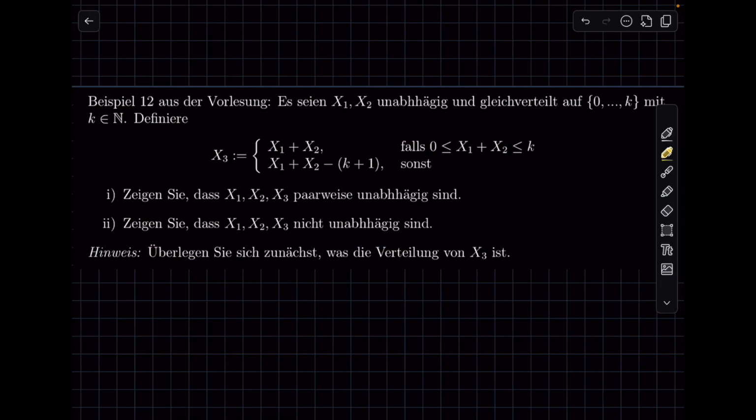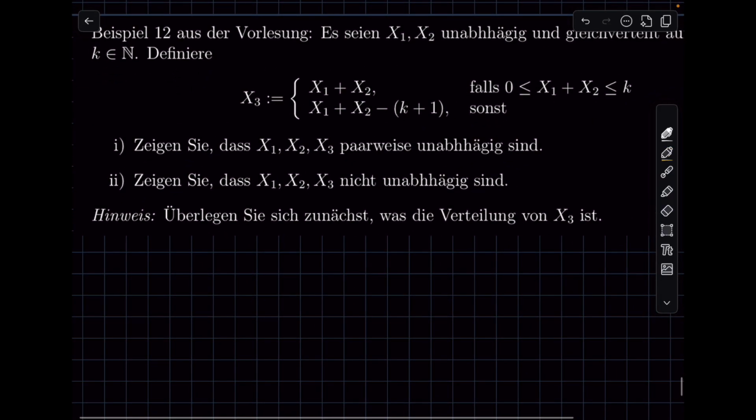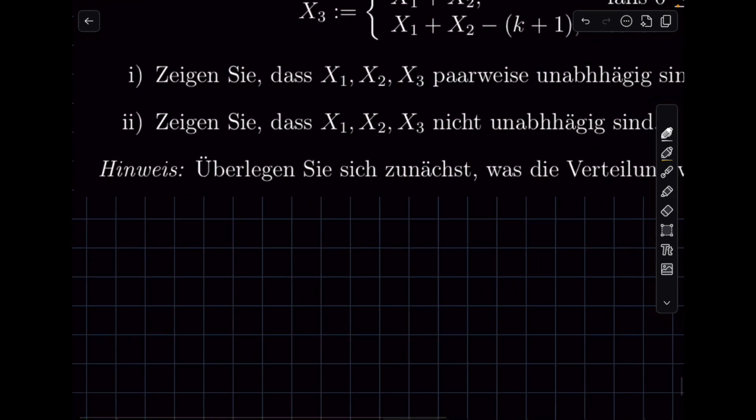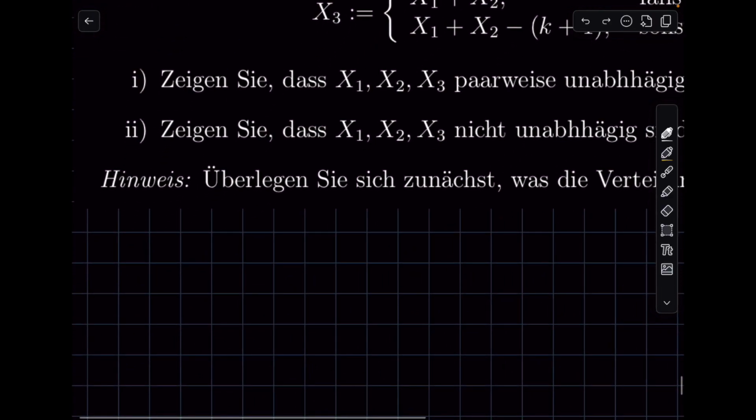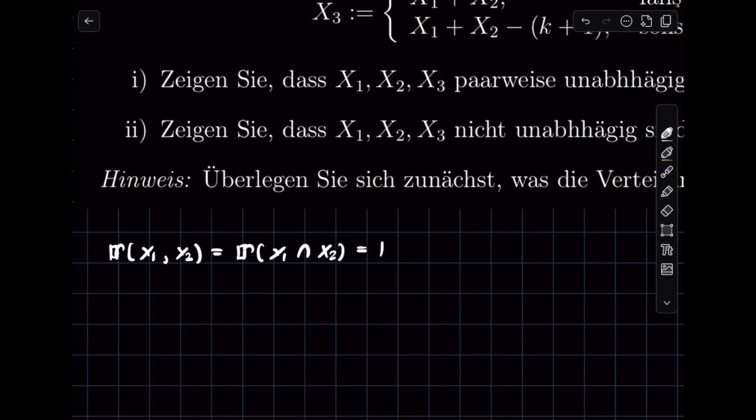It says, show that x1, x2, and x3 are pairwise independent. So the first thing we're going to note is what independence means. Independence means that if we have, for example, right here, x1 and x2 are independent, then the probability of x1 and x2 happening, which is the same as saying the intersection, is going to be equal to the probability of x1 times the probability of x2.